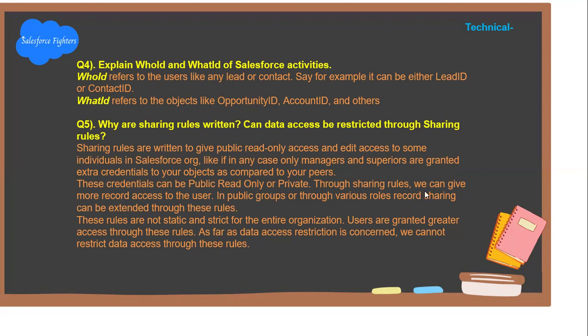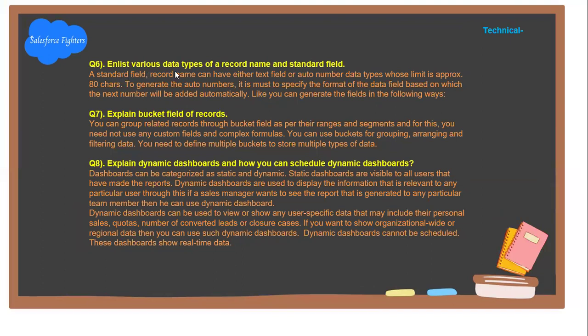Through sharing rules, we can give more record access to the users in a public group. Through these rules, record sharing can be extended. These rules are not static and strict for the entire organization; users are granted greater access through these rules. As far as data access restrictions are concerned, we cannot restrict data access through these rules.